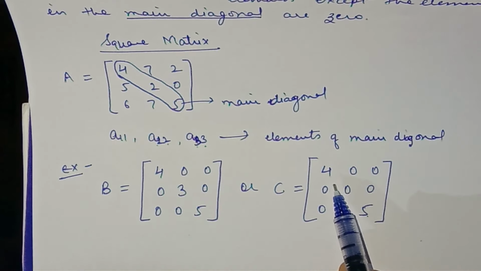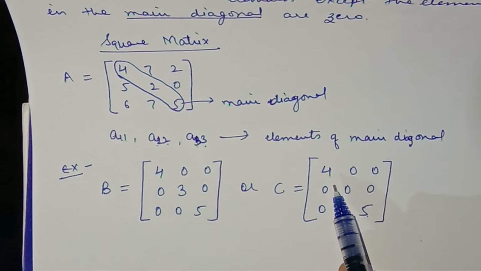In that case also we can call it a diagonal matrix. It means a diagonal matrix is a matrix where the focus should be on these elements. Out of these three elements in the main diagonal, any two elements can be equal to 0. Even then it will be called a diagonal matrix.